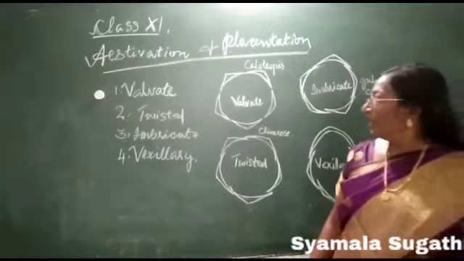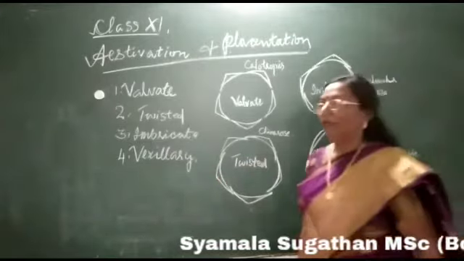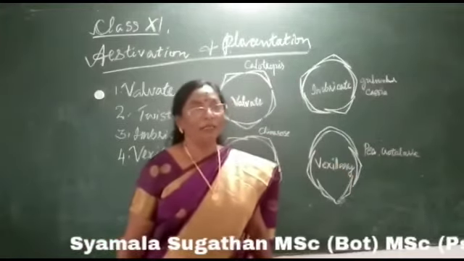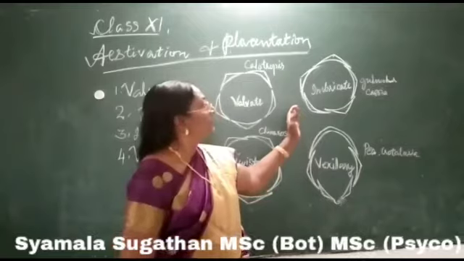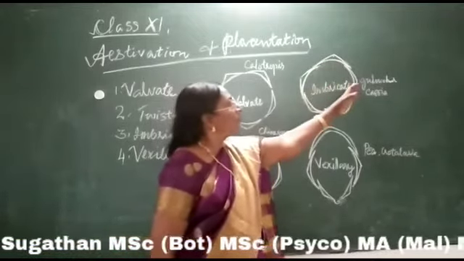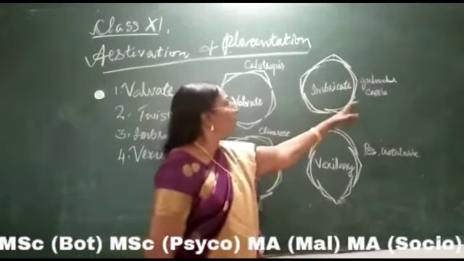Twisted aestivation. And the third one is imbricate aestivation. Here also we can see overlapping, but not in a regular way. Some members are completely out and some members are completely in, remaining partially in and partially out.